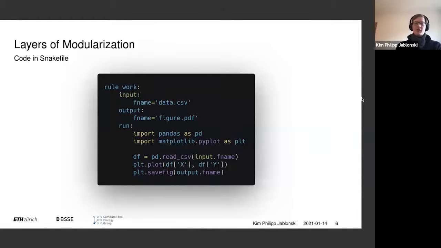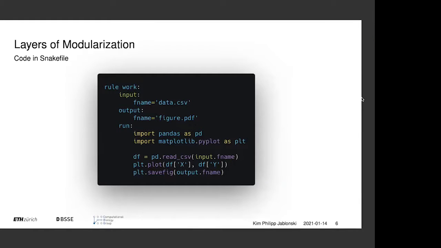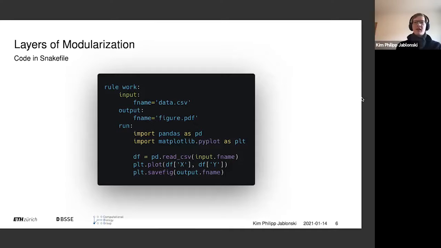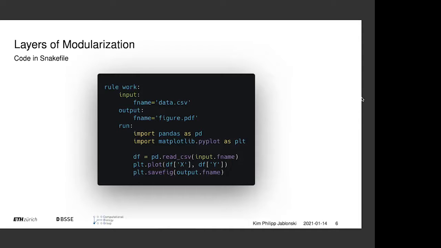Now, I already hinted at the fact that there are different layers of modularization that you can use in your Snakemake workflows. You can basically think of this if you're familiar with Python. This could be like modularizing your code into classes, different files and different packages, or in C or C++, let's say you're also aware of classes and putting stuff in different files so that you're not polluting a single file.